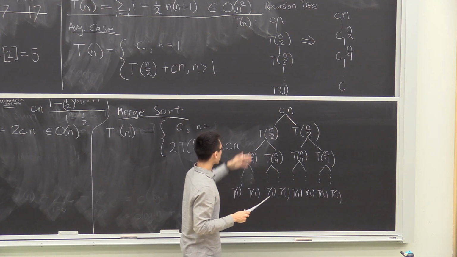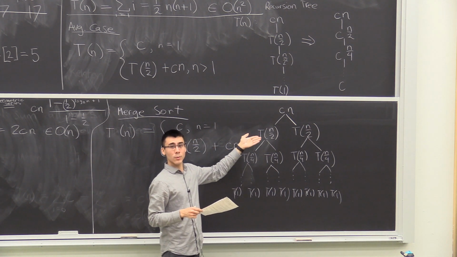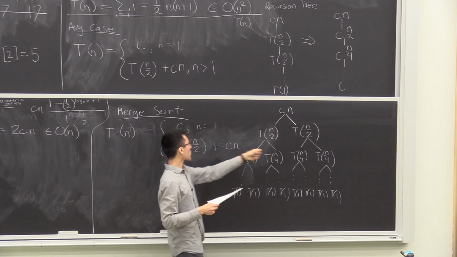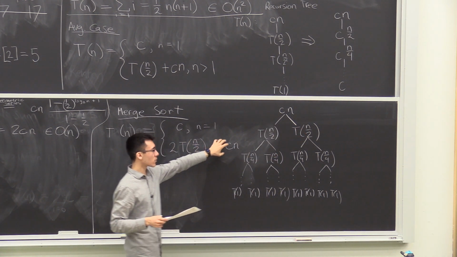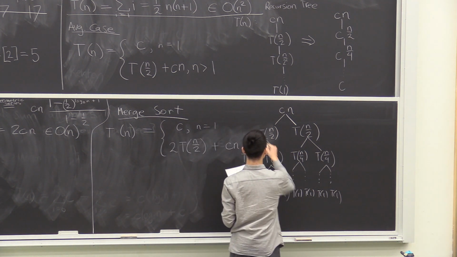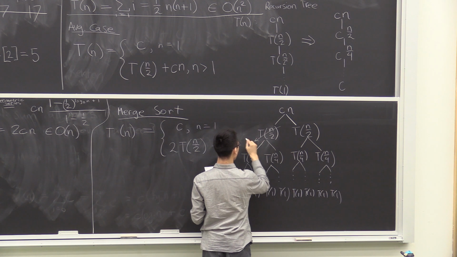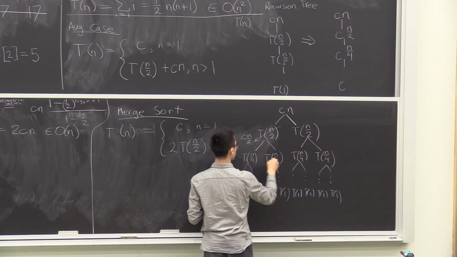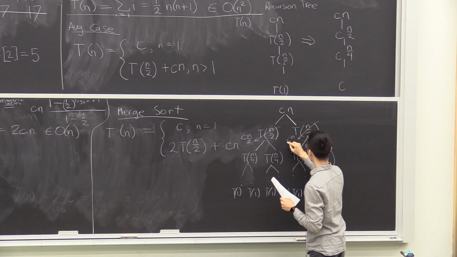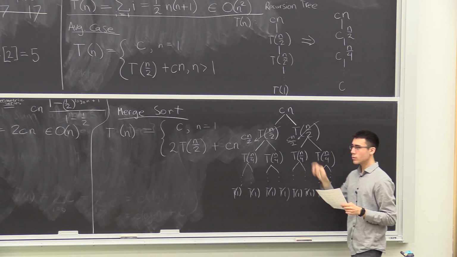So, again, just like how we did in the other recursion tree, we can replace each of these terms with actual concrete terms in terms of like C times n or something. In this case, this would just be C n over 2. This would also be C n over 2.